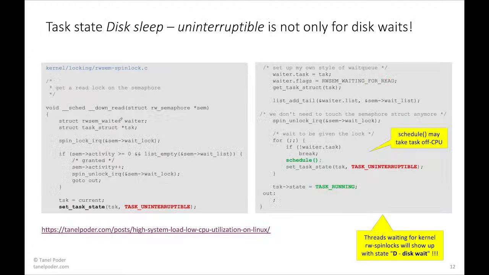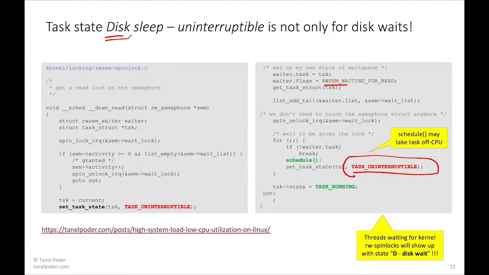Okay, I mentioned that disk sleep is, by the way, not only for disk I/O waits. Here is proof if you want to read Linux source code. Here's an example where we are trying to get a semaphore, essentially the lock on the inode, I think, and if that fails, we go to sleep, and we sleep in this disk sleep.